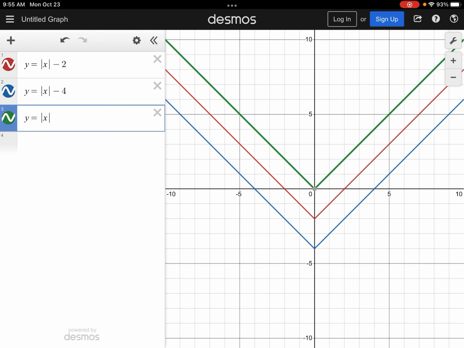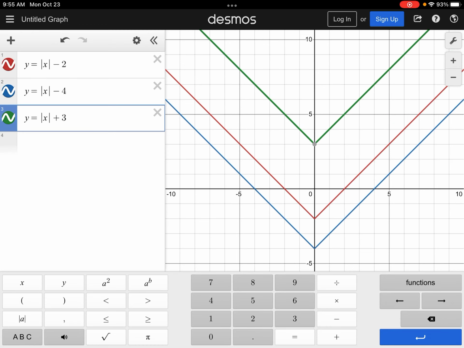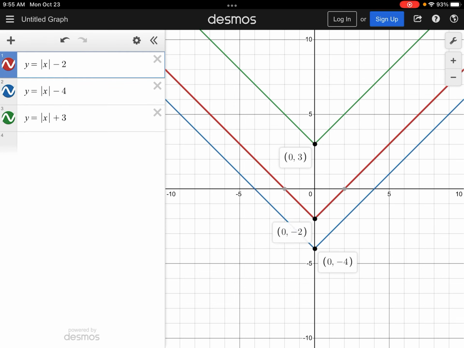So for example, if I graph this green one and I do absolute value of x plus 3, if I do the plus 3 after, we should expect the green graph to be shifted up 3 units. So plus 3, and we do in fact see that it gets shifted up 3 units. All right, so we can see all these vertices here. And again, what we should notice is that the number that comes after the absolute value actually tells us the y value of the vertex, right?